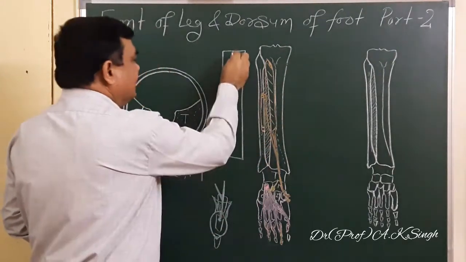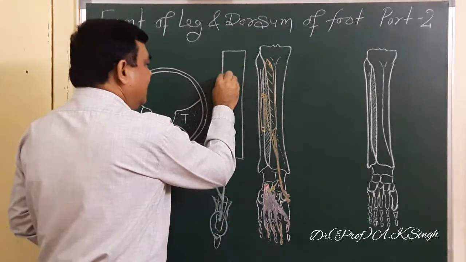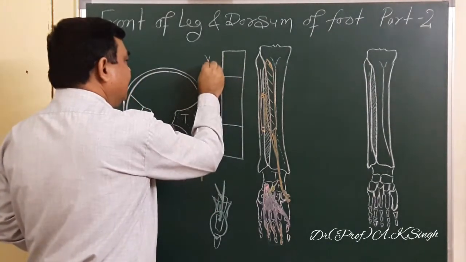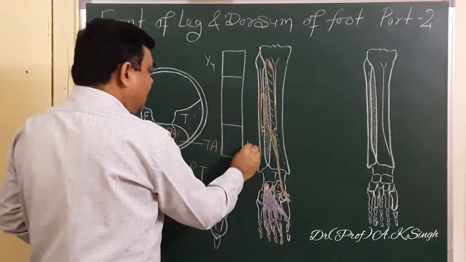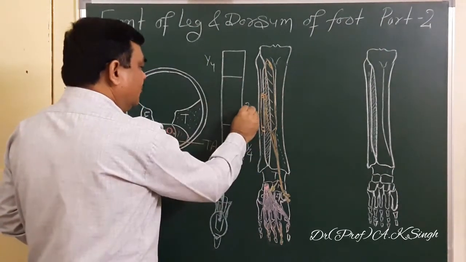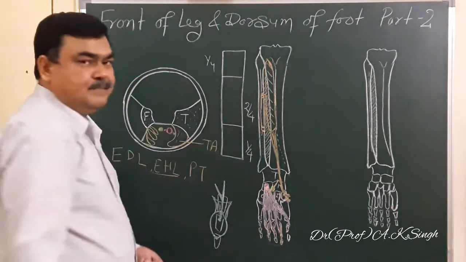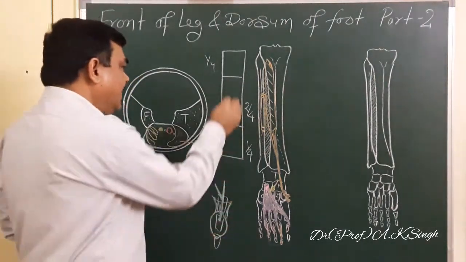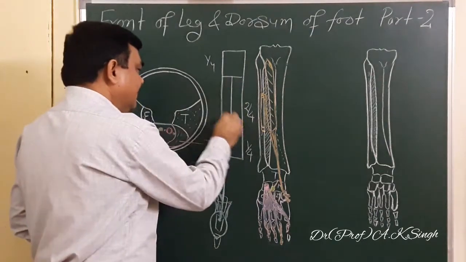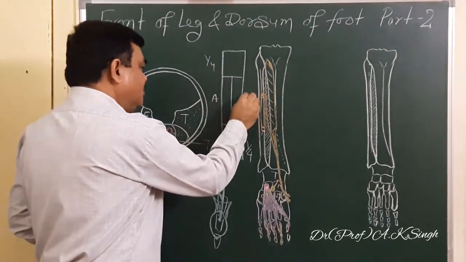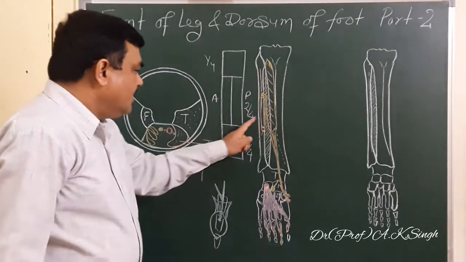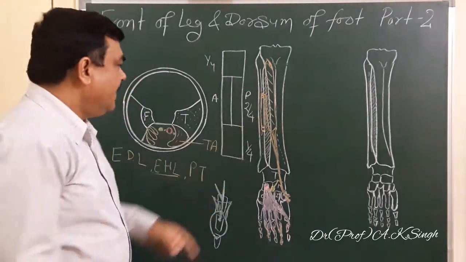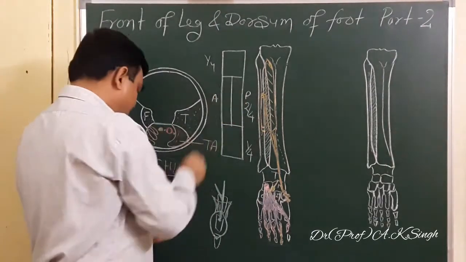This medial surface, if you divide into 4 parts, this is upper 1/4 part, lower 1/4 part, and middle 2/4 part. Again, middle 2/4 part is divided into 2 parts. This is anterior part and this is posterior part.